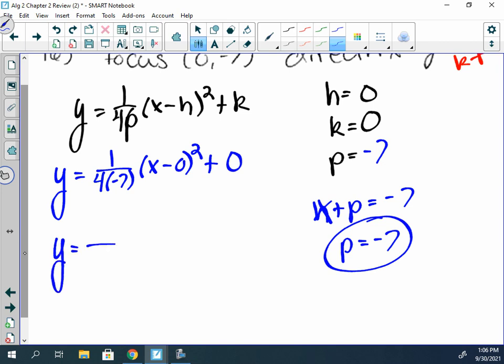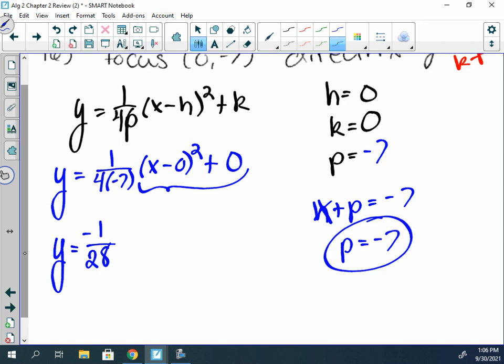Now, if you leave it as this here and don't multiply that fraction or simplify that fraction, I will count points off because we need to simplify that. Now, 4 times -7 is going to end up -28. Now, this other side, if you leave it as x minus 0 squared plus 0, I won't count off for that. That's fine.